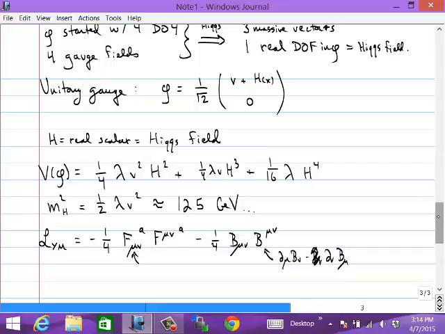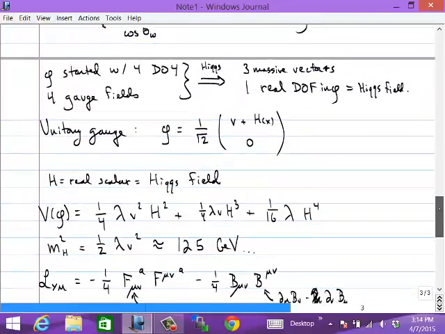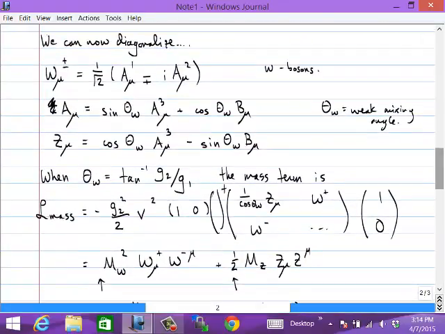I'm not going to go through the entire computation, but I'll just give you a little bit of a flavor for it. So in particular, we had that Z and A were some linear combinations of A3 and B.